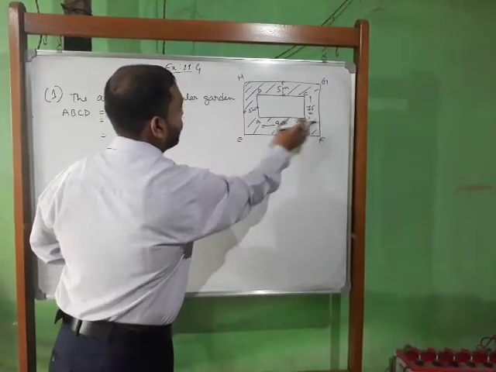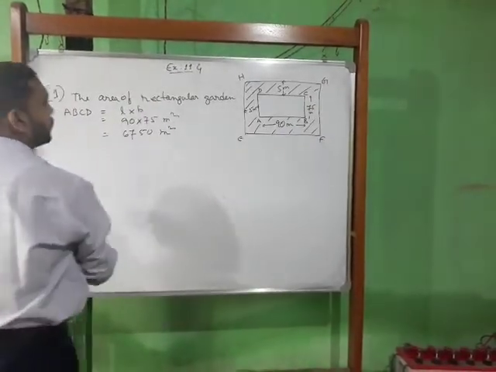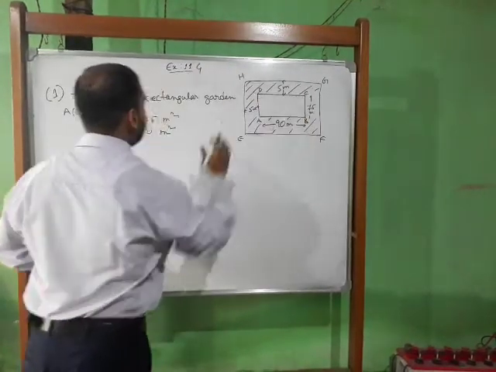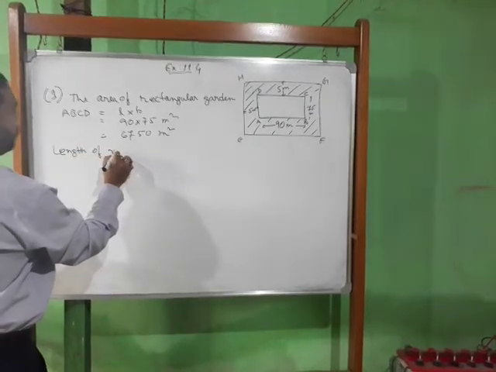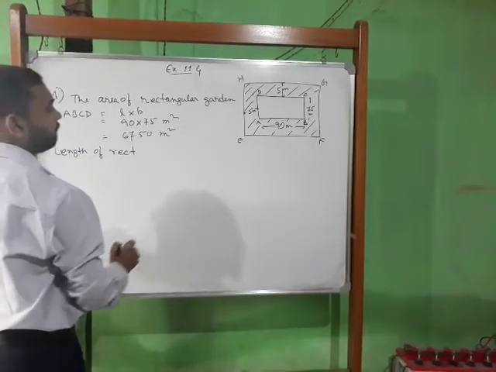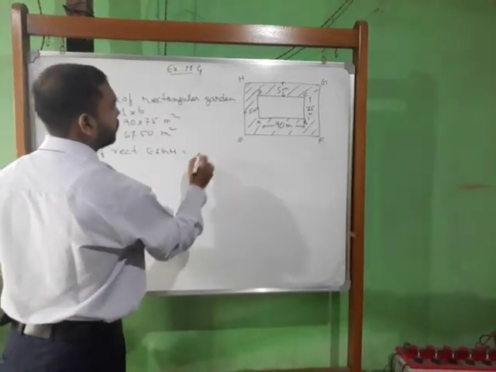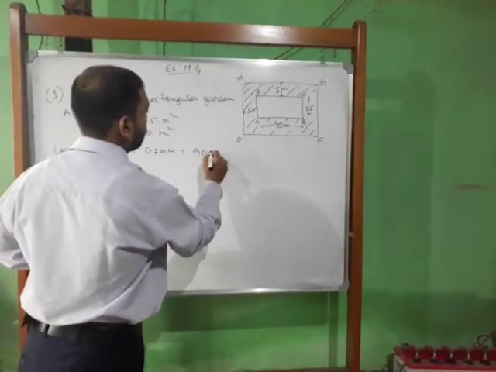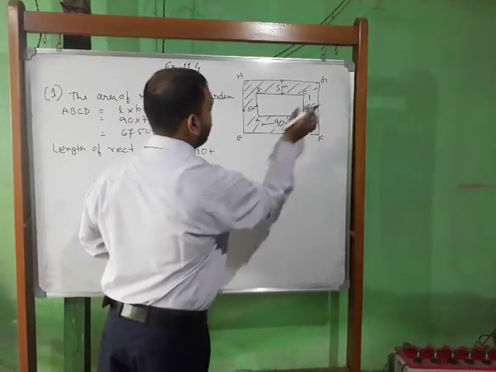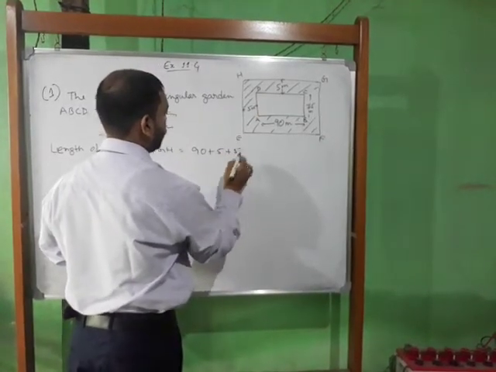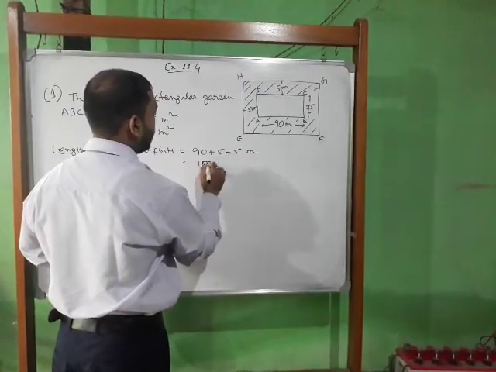The length of rectangle EFGH will be 90 plus 5 meter on this side and 5 meter on the other side, so 90 plus 10, that means 100 meter.